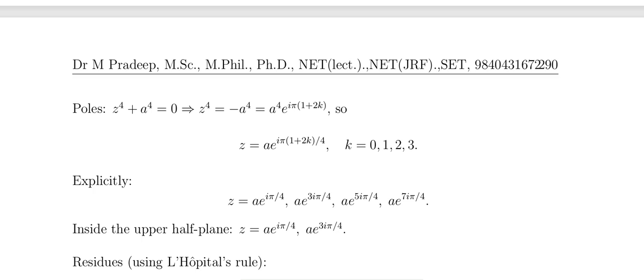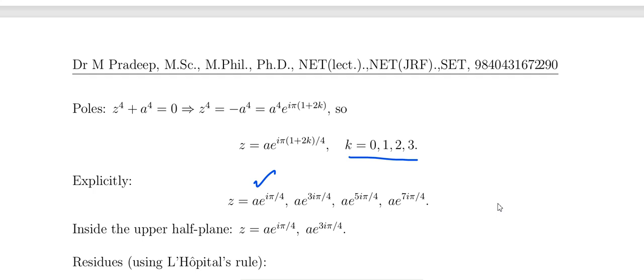That is z equal to a power 4 e power i pi into 1 plus 2k, that is 2k pi plus pi, whole divided by 4. That is z equal to a into e power i (2k pi plus pi) divided by 4, for k equal to 0, 1, 2, 3. So the values are a e power i pi by 4, a e power 3i pi by 4, a e power 5i pi by 4, when you replace k equal to 0, 1, 2, 3.